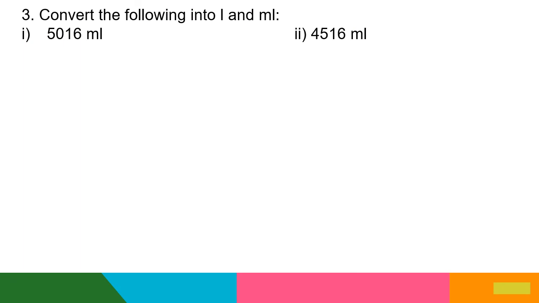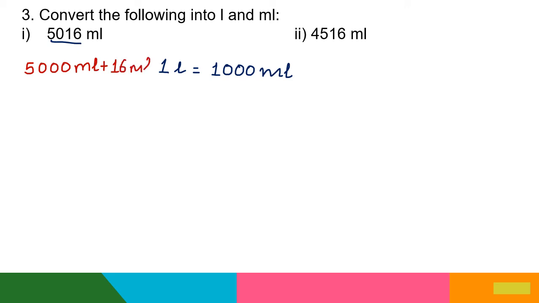In the next question, we have to convert the following into liter and milliliter. We know that 1 liter is equal to 1000 milliliter. So in the first part, it is given 5016 milliliter. Now 5016 milliliter can be written as 5000 milliliter plus 16 milliliter.